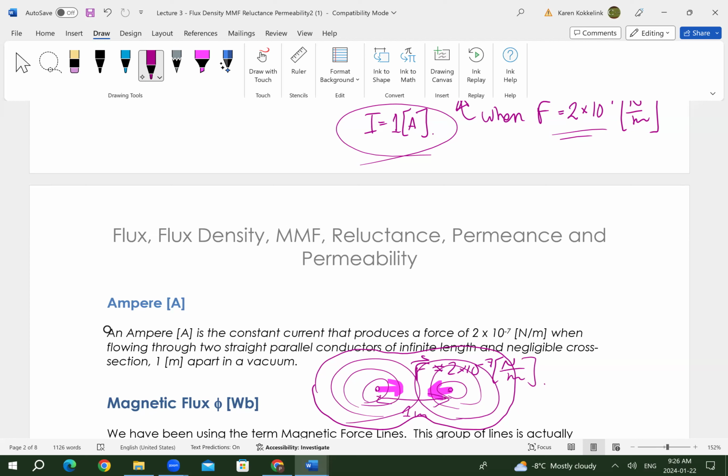And I think that is a whole definition. Oh, and they are of infinite length. And they are so tiny that they are a negligible cross section. Once that happens, we say, oh, that's an amp. Cool.